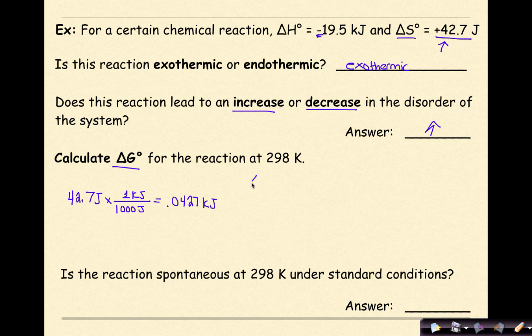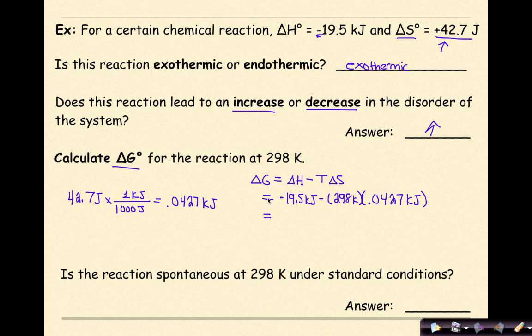So we know the formula delta G is equal to delta H minus T delta S. And then we're going to plug in our values that are given to us. So for delta H, we have negative 19.5 kilojoules minus our temperature, which is 298 Kelvin, times our change in S, which we just found in kilojoules, which will be 0.0427 kilojoules.